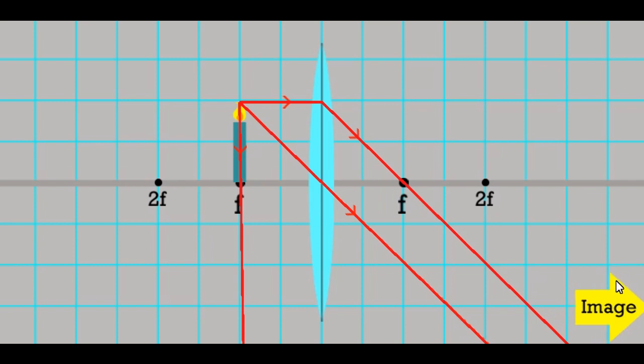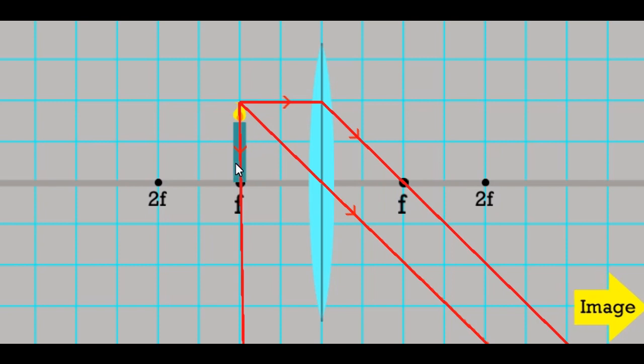This arrow mark represents the image formed beyond the screen, which means the image is formed at an infinite distance. So when you keep the object at focus, the image will be formed at infinity and the nature is real, inverted and extremely large.